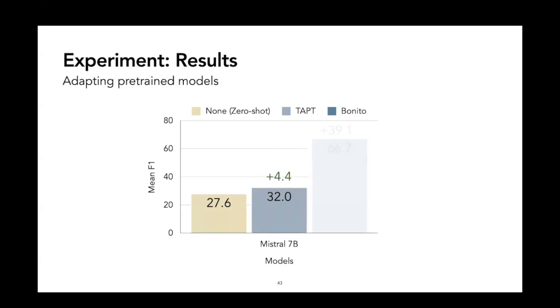After training with self-supervision, the model performance improves by 4.4 F1 points. Now, training with Bonito-generated instructions improves the model performance by 39.1 points, which is significantly higher than the self-supervised baseline. To achieve such high performance, we only use the synthetic datasets generated by Bonito. No manual annotation was necessary.